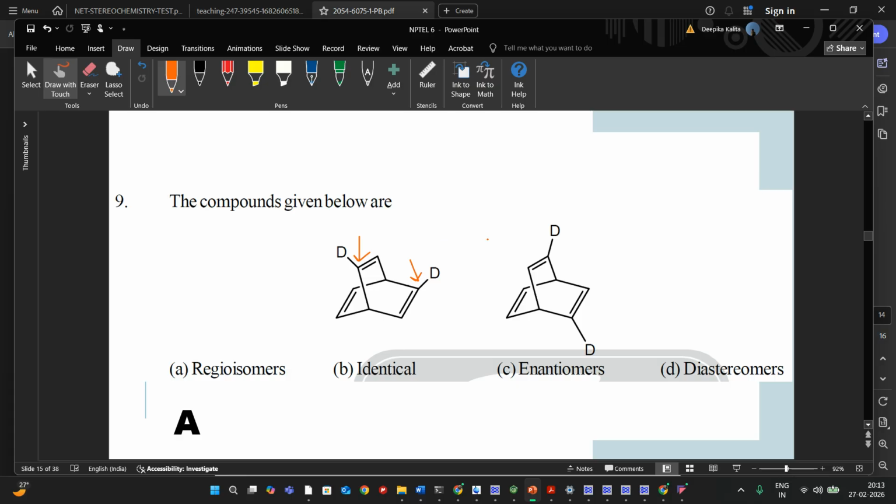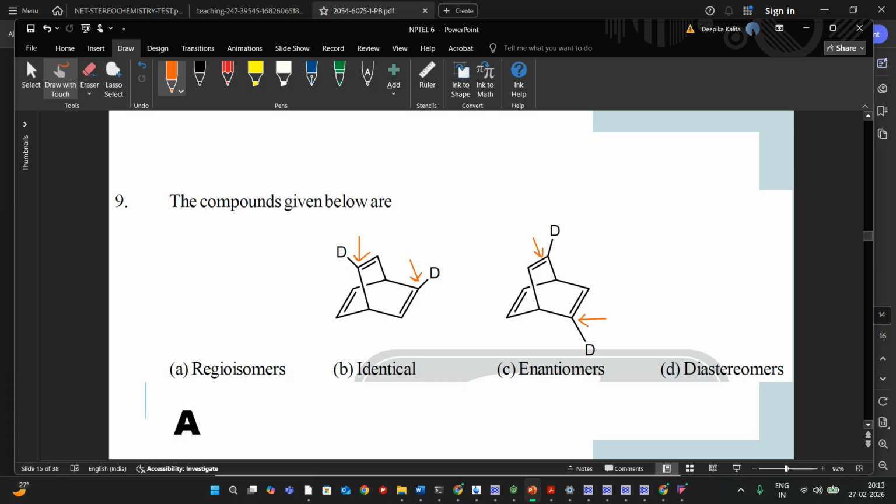Whereas in the other compound, this deuterated substituent is present at this carbon atom and the other is present here. So clearly you can see that the position of the deuterated substituents is not the same in both the compounds given.